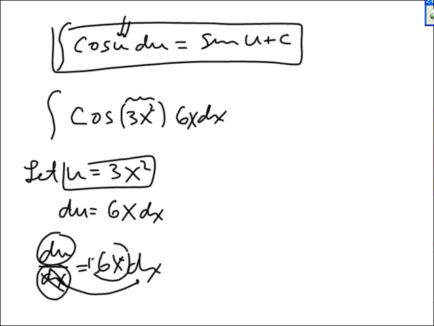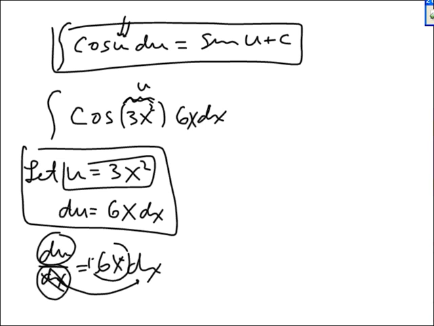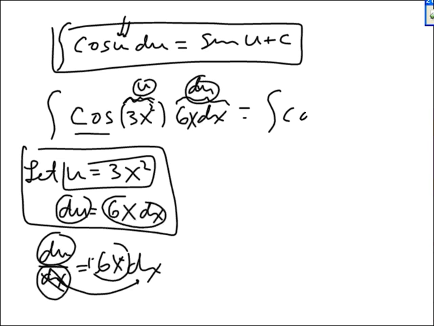Okay, so just looking at the information here, I now know that 3x squared is u, and I now know that 6x dx is du. So I have cosine u du. But that's one of the things I remembered. The integral of that is sine of u plus c.